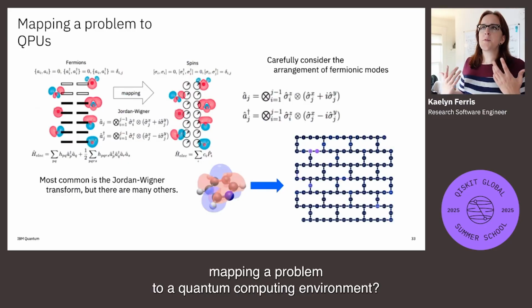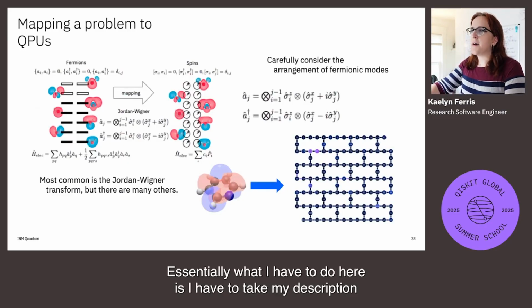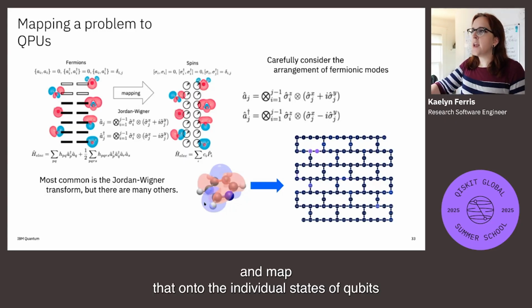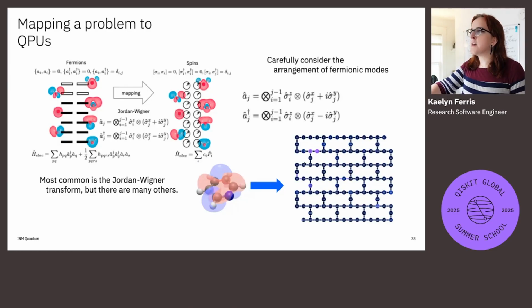So what goes into mapping a problem to a quantum computing environment? Essentially what I have to do here is take my description of electrons in different orbitals in a molecule, for example, and map that onto the individual states of qubits that might not be connected in the same way that these electrons can interact with each other.